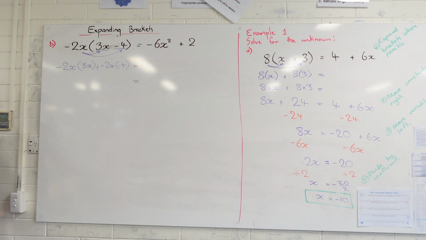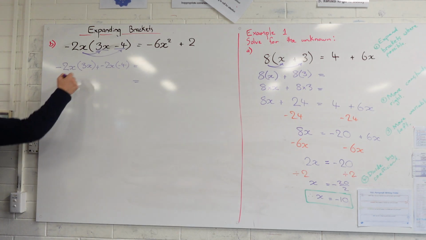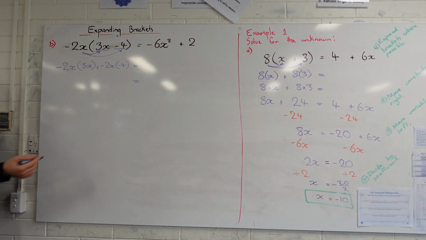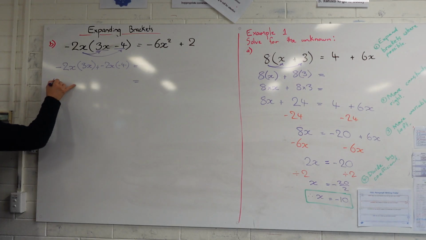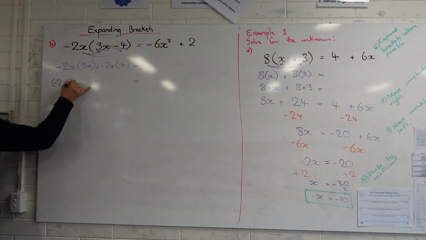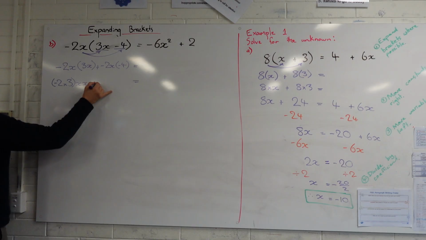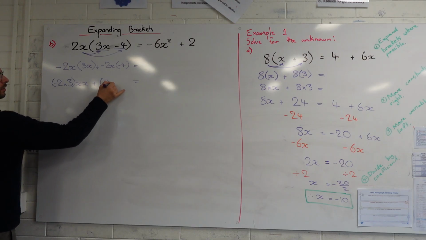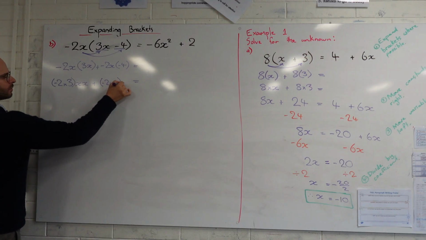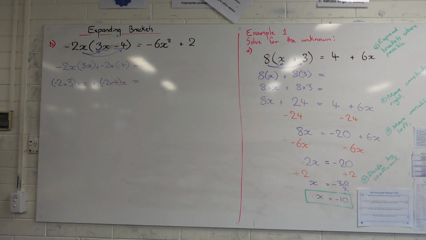Okay, expanding this out. This is minus 2x times 3x. We don't have to write the times, we can just go for the multiplication. Minus 2 times 3, x. Then it's going to be plus minus 2 times minus 4. Focus, 2 eyes, 2 ears.